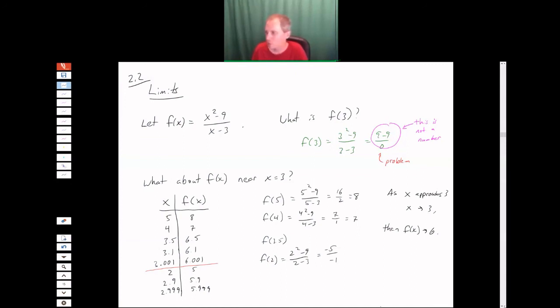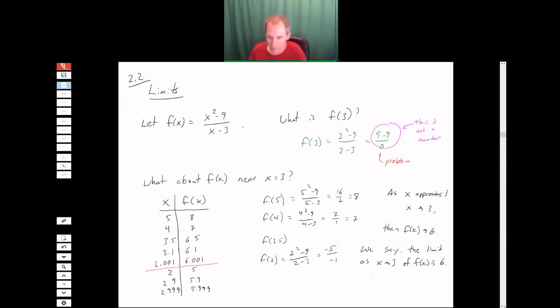So the way that we can write this as a limit is we say the limit as x approaches 3 of f of x is 6.